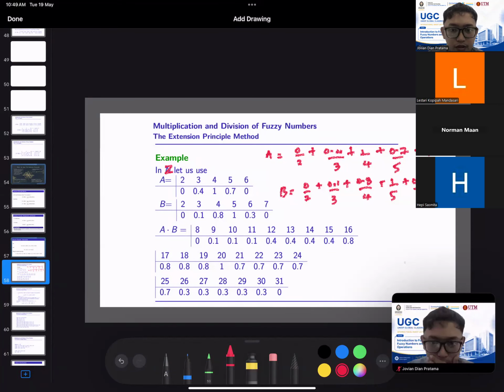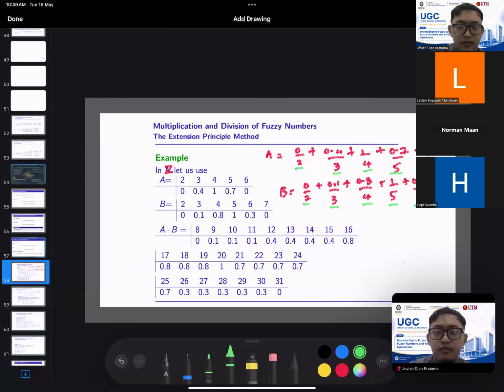Let's say we have fuzzy numbers both in integer. A is equal to x, here we put in this form: 2, 3, 4, 5, 6. Okay, so the element of B in the form of 2, 3, 4, 5, 6, 7.